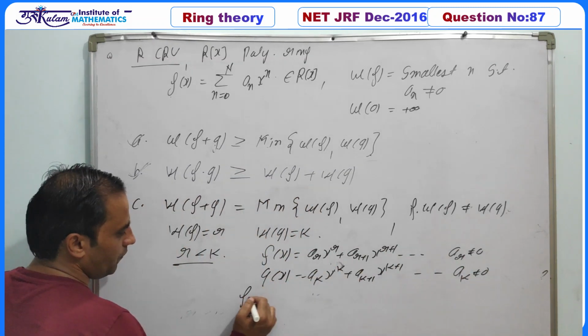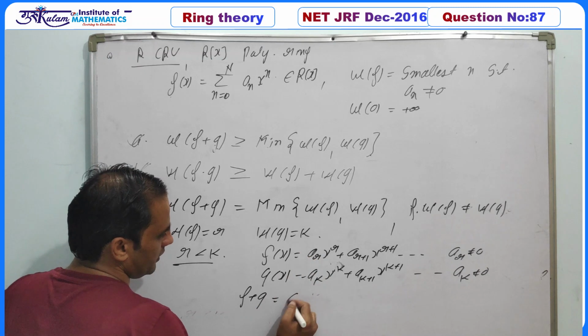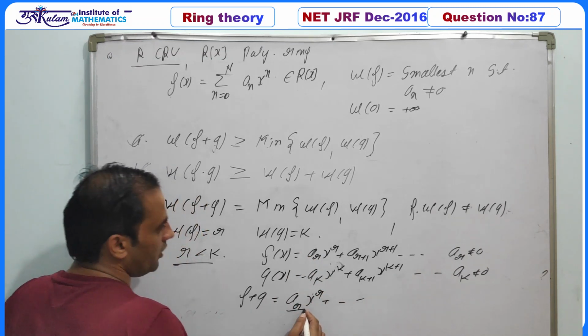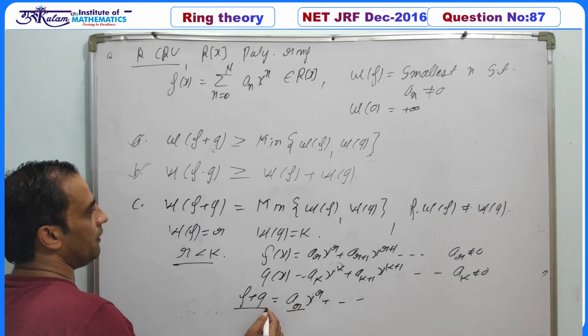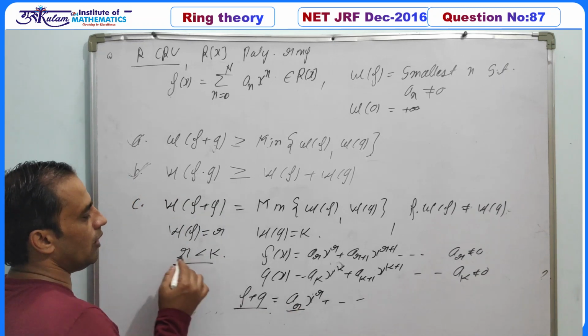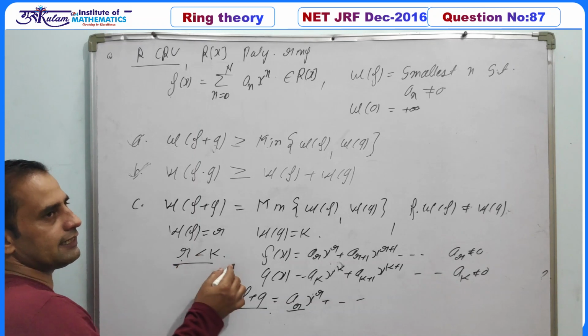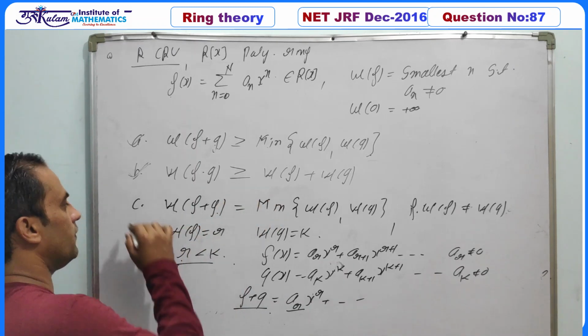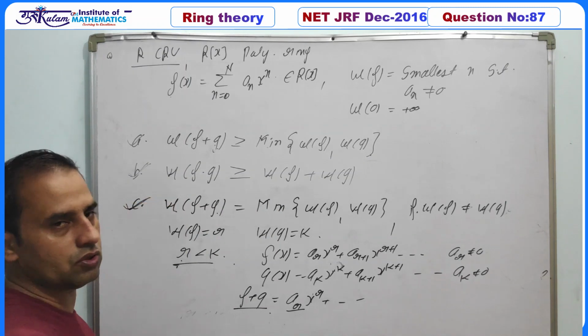Whenever we take f plus g, definitely the first term is a_r x^r and so on. So a_r is already non-zero, so W(f+g) must be equal to r. Similarly, whenever k is less than r, W(f+g) must be equal to k. So definitely this C option is also true.